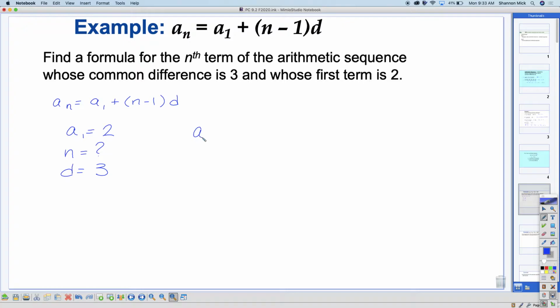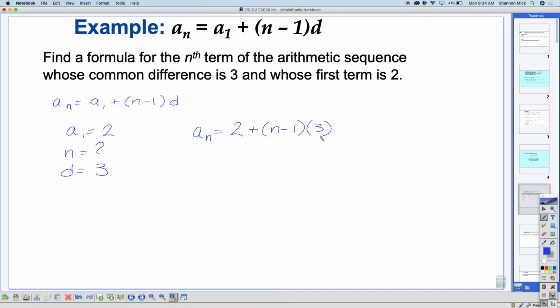So a sub n equals 2 plus 3 times the quantity n minus 1. Why over there did you put a sub 1 and then equal to 2? Because I wrote out each variable and what they were. Okay. So I can't leave my definition like that.